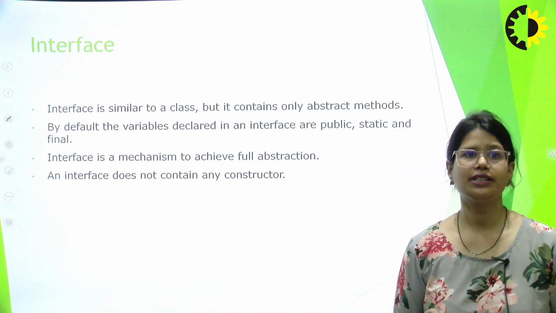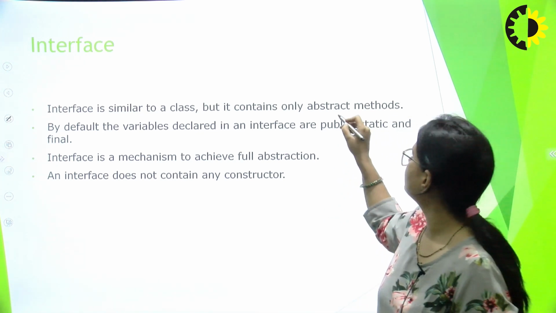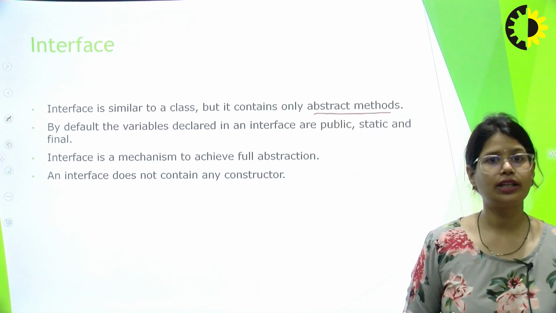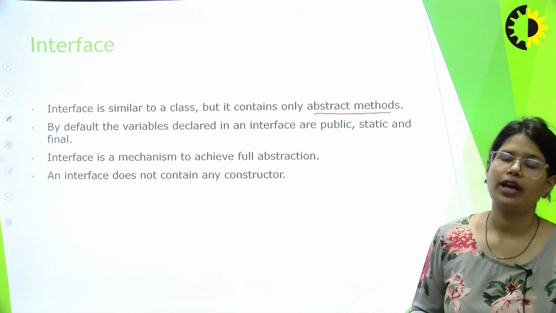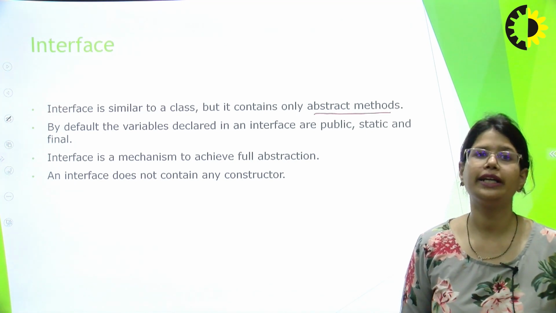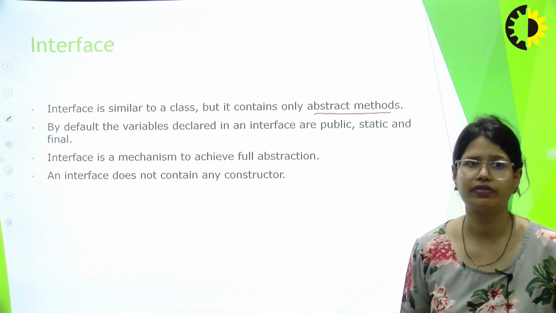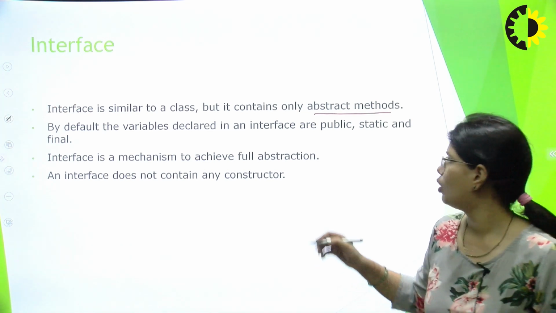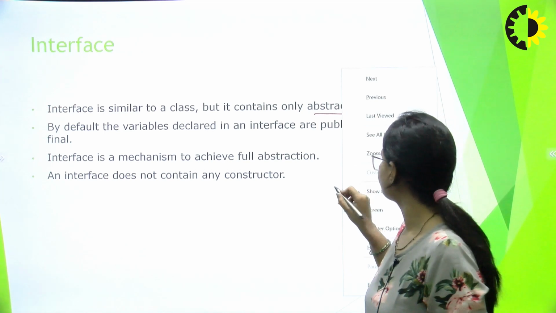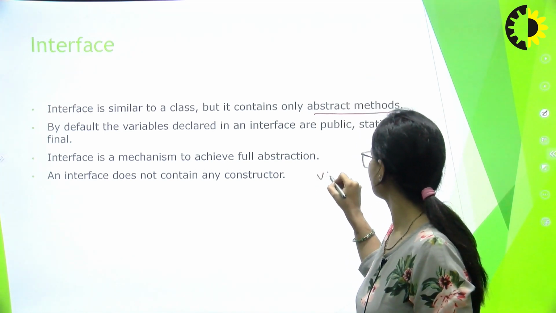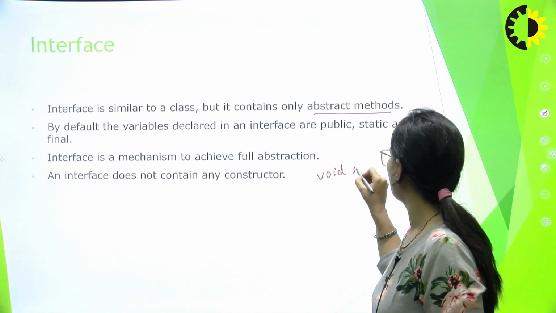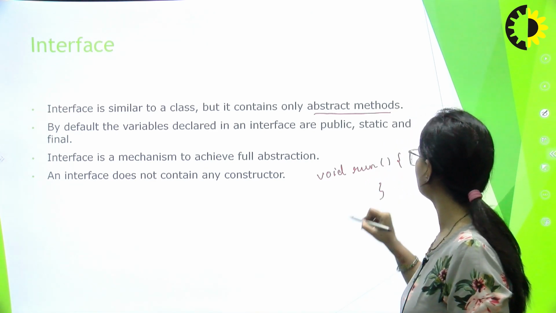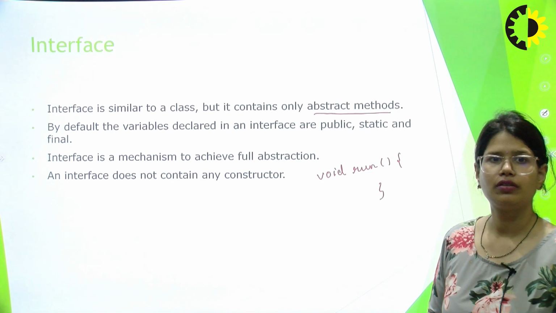So we can say that it only contains abstract methods. What are abstract methods? Interfaces only declare the methods, not define them, which means they are abstract methods. Suppose I am writing void run, fine.